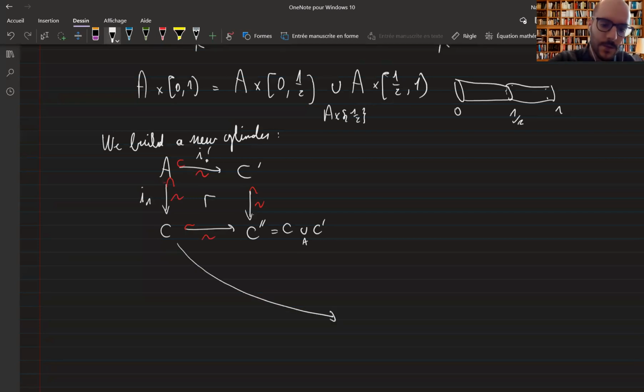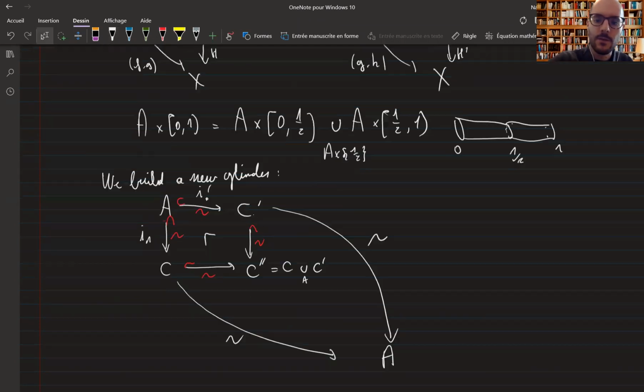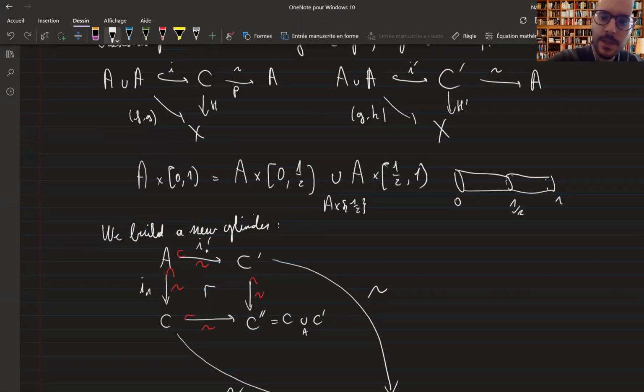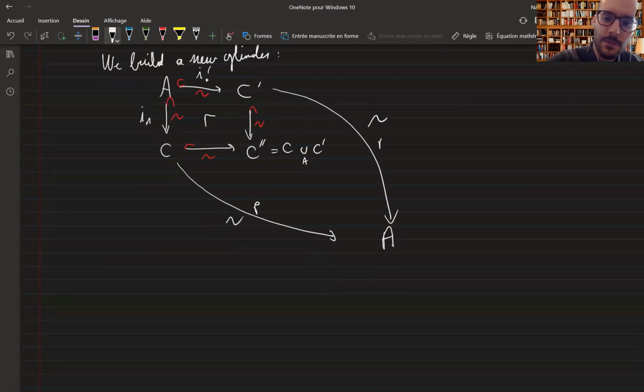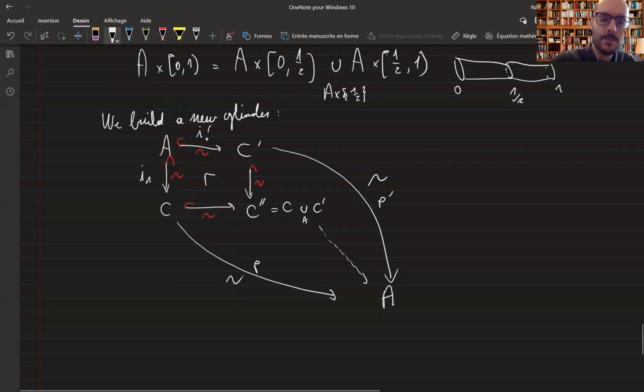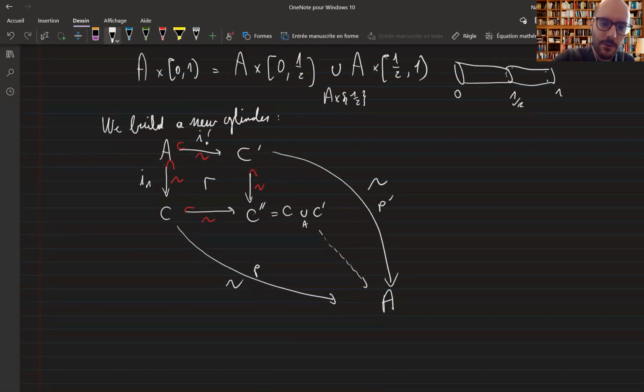So we are going to use this later. And we want to define the map to A. So we use the projection. So maybe let's give it a name. This is P prime. So you use P here, use P prime here. And by the universal property, this whole thing commutes because this is the identity and this is the identity. So they agree.